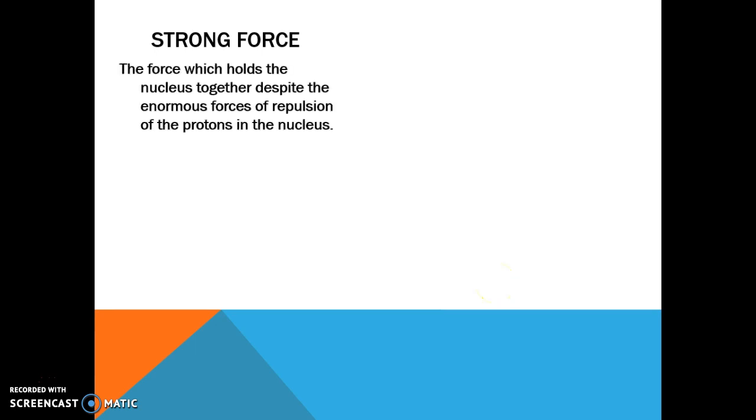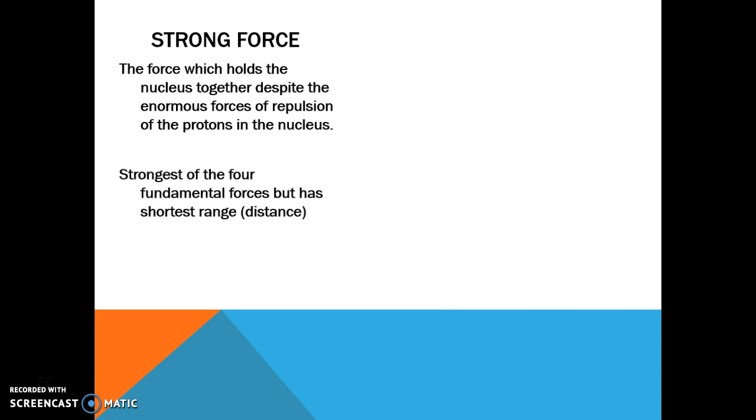So another force that we see take place in the nucleus, so these last two forces are actually nuclear forces. The strong force is the force that holds the nucleus together despite the repulsion of the protons in the nucleus. So the strong force is actually the strongest of the four fundamental forces. Unfortunately, it's only really strong at a very short distance.